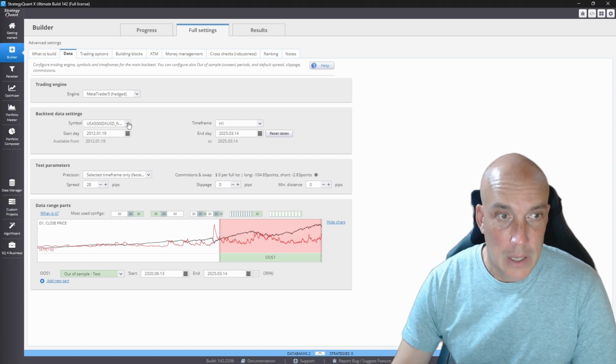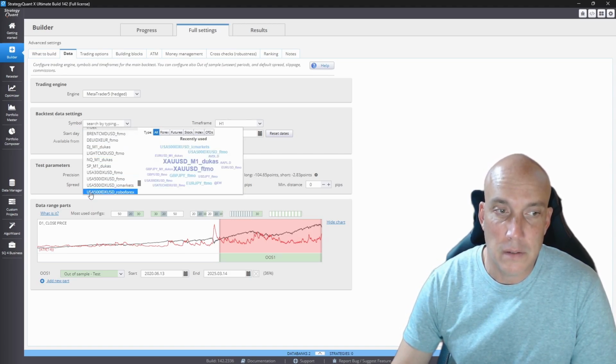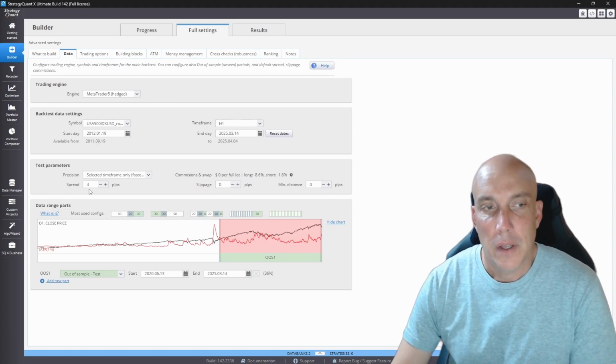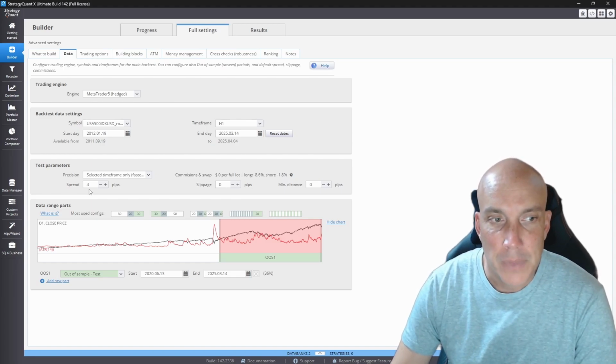Okay. And then we're going to click on this one where it says S&P 500 RoboForex. Spread is only 4. So why is it so different? And I'm going to explain why it's so different.